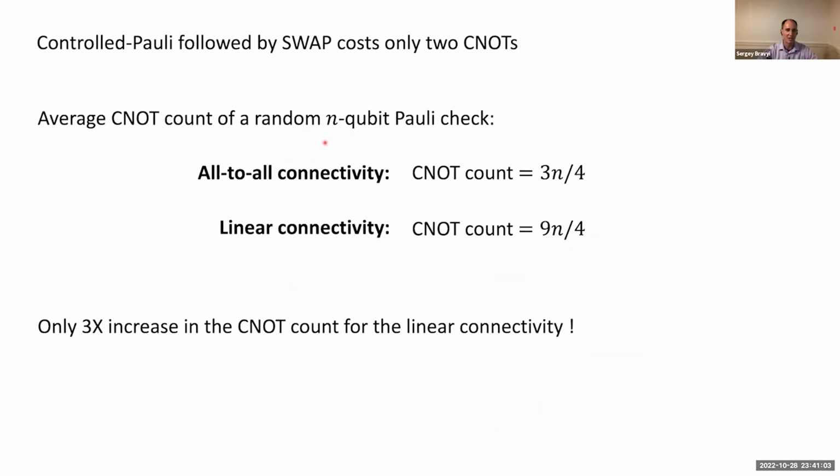So if we pick Pauli checks randomly, the average CNOT cost of implementing a single Pauli check for all-to-all connectivity and linear connectivity differ only by a factor of 3. So basically, this is the price we have to pay for the lack of connectivity.